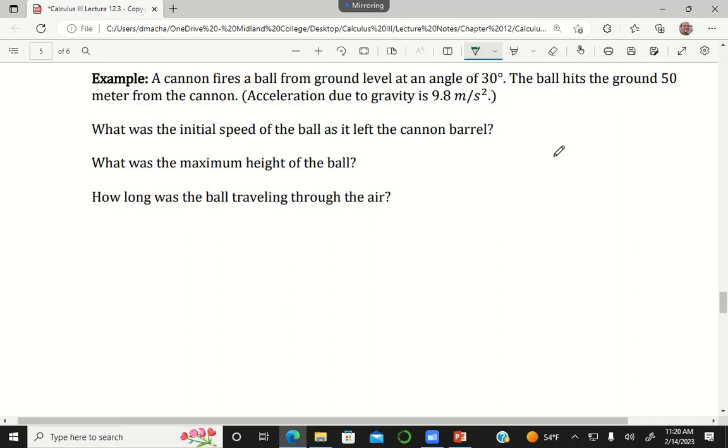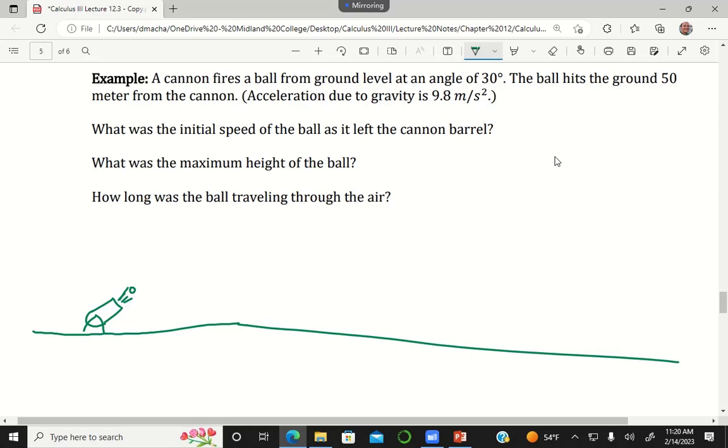Okay. New example. It says a cannon fires a cannonball. So here's my little cannon. And it's firing a cannonball. Very realistic. From ground level, that's supposed to be flat, but at an angle of 30 degrees.